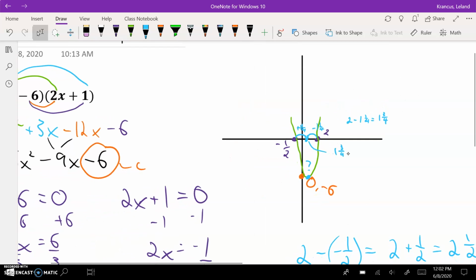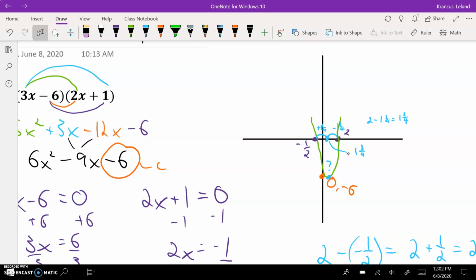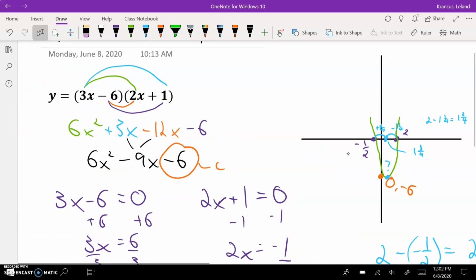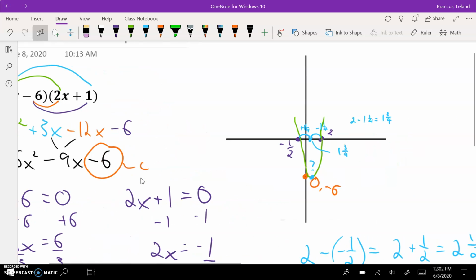And then what you could do is put 1.75 back into either form of these two equations. You could put it into the factored form or you could put it into the standard form. Remember, those are equivalent expressions. And so if you put the same x value into both of them, you're going to get the same y value. And that would give you the y value of your vertex.